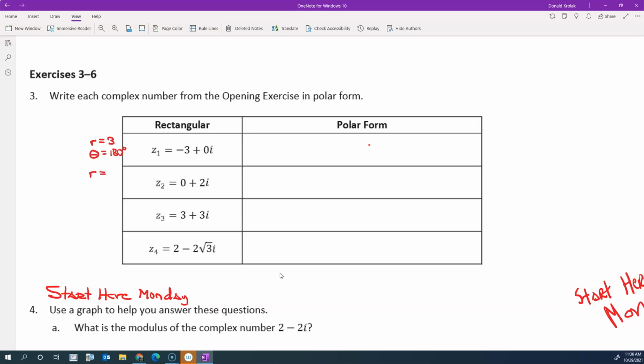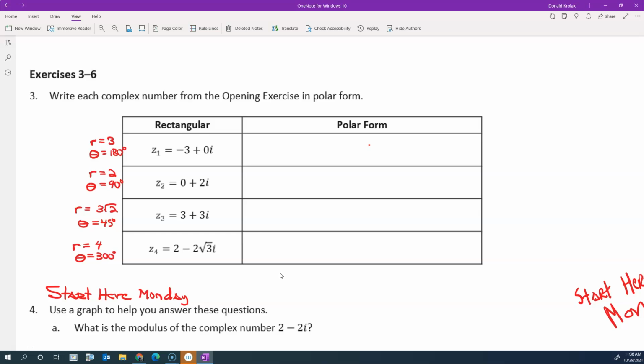This has a modulus of 2, and it was a 90-degree rotation. This is from the very first page. This one had a modulus of 3 root 2, and it was a 45-degree angle. And this one had a modulus of 4, and it was a 300-degree rotation.